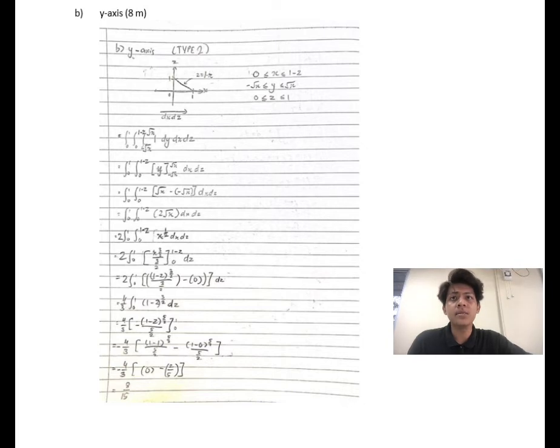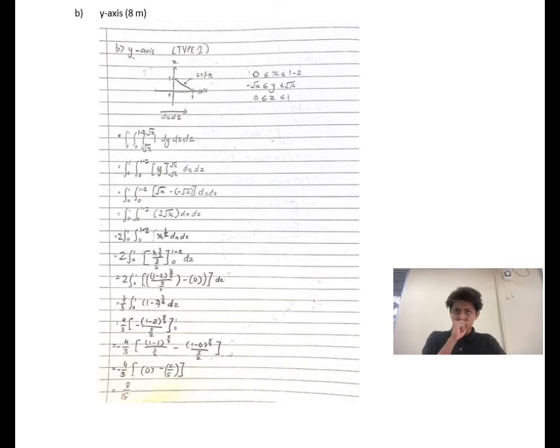For x, it is from 0 until 1 minus z, for y it is from negative square root x until square root x, and for z from 0 until 1. So we arrange the integral as dy, dx, and dz, because we want to find the y-axis, so we put dy first.